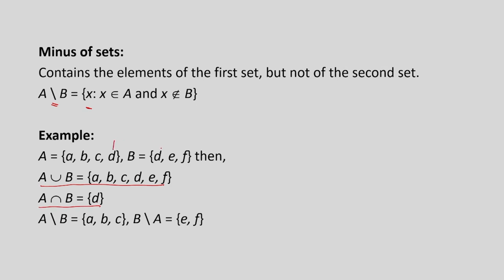Yes, there is this d which is common to both the sets. And then we talk about A minus B. Okay. So, here I am just going to take out that element of A which is there in B, which is d. So, if I take that out, I get a, b, c. And B minus A. So, here I am going to take out that element of B which is there in A, which is d, and so the elements that I am left with are only e and f. Okay.